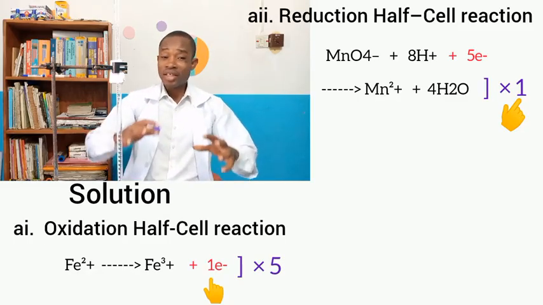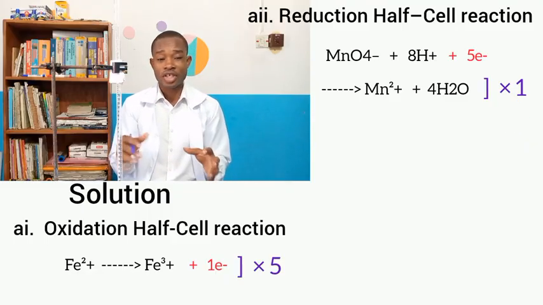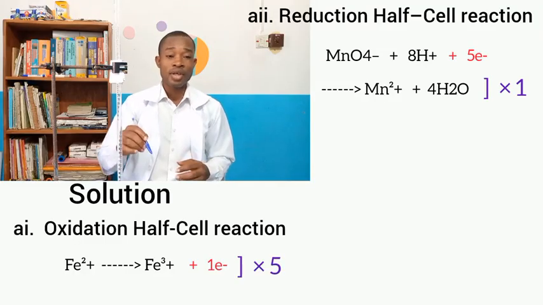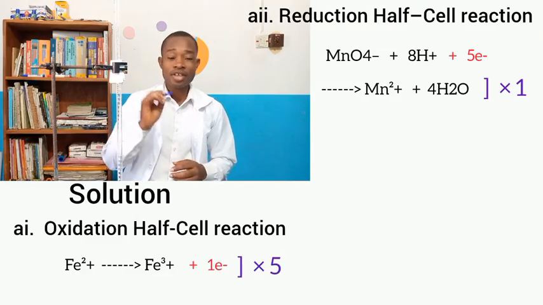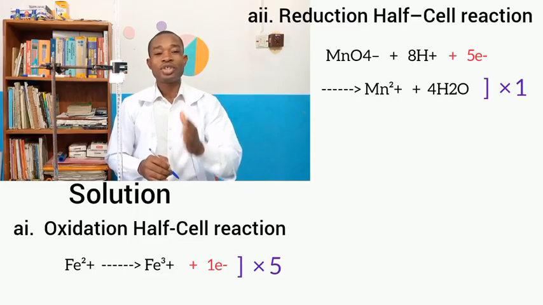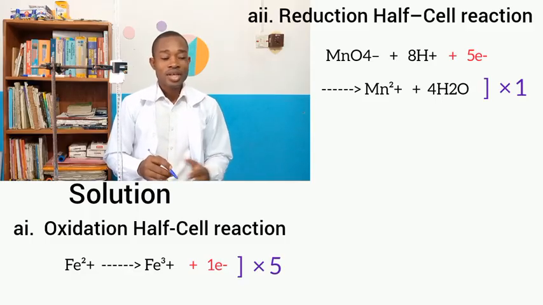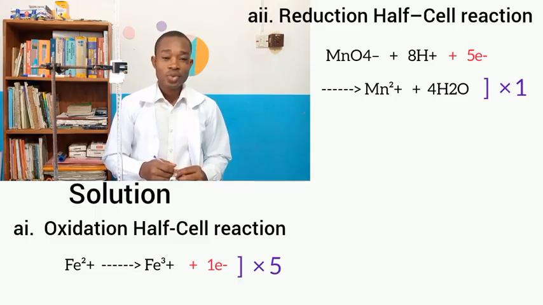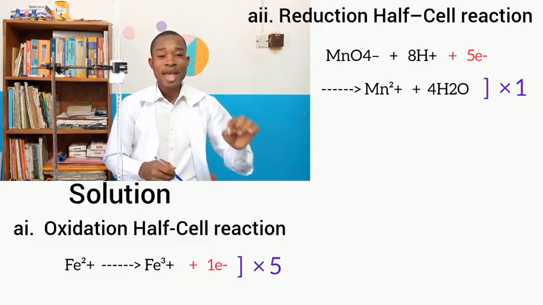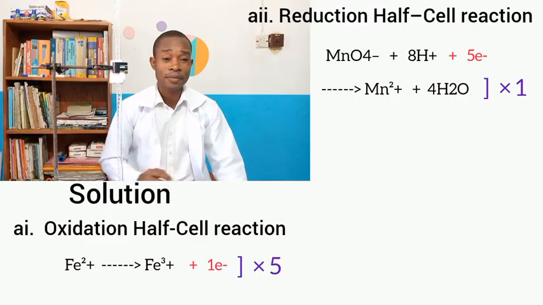And so the main reduction half cell reaction equation for this titration experiment is now going to be MnO4 minus plus 8 hydrogen ion plus 5 electrons. Now to the product side, we have Mn2 plus, that's manganese 2 ion, plus 4 molecules of water.